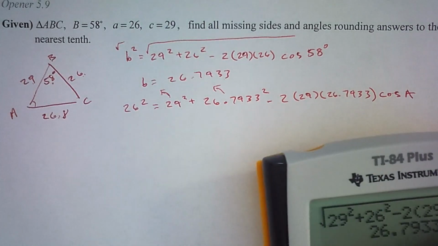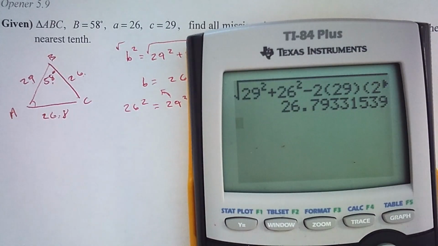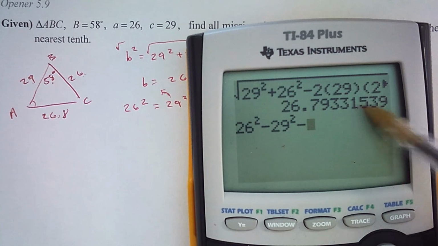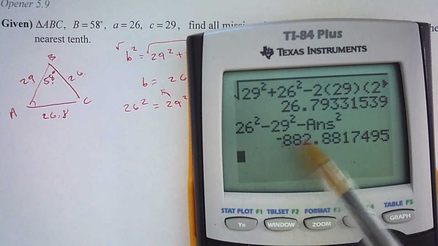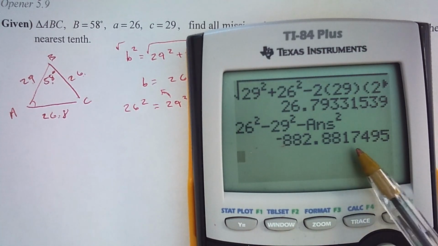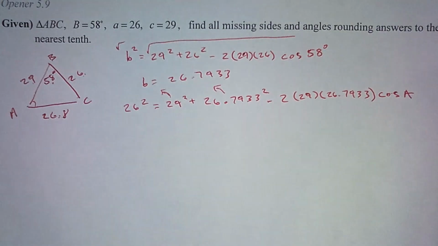So I have 26 squared minus 29 squared minus, and I can just call up this answer, second answer, squared, and I get negative 882.8817.